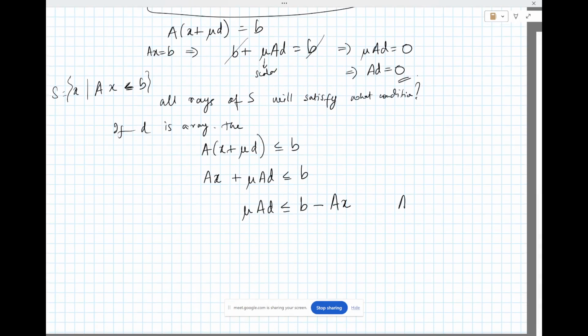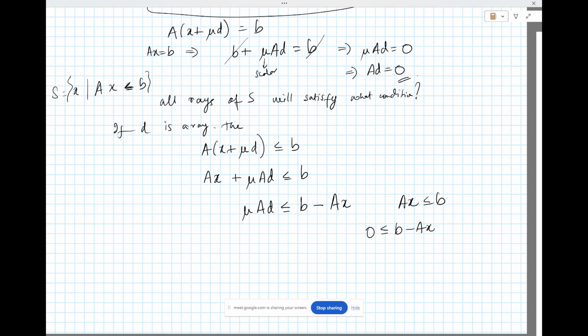Now Ax is less than or equal to B, that implies B minus Ax is greater than or equal to 0. So AD is less than or equal to 0.